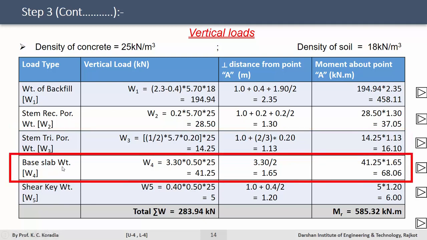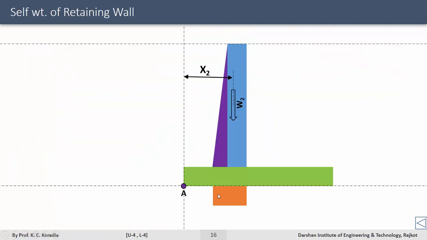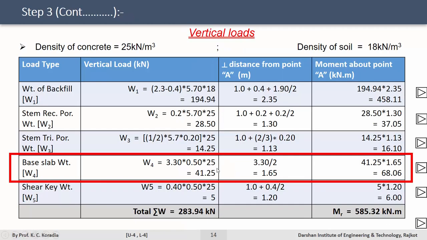Now the weight of base slab represented by W4 will be equal to length of base slab into thickness of base slab into density of concrete, and its CG distance from point A will be equal to width of base slab divided by 2, that is 3.30 divided by 2, which gives 1.65 meter.